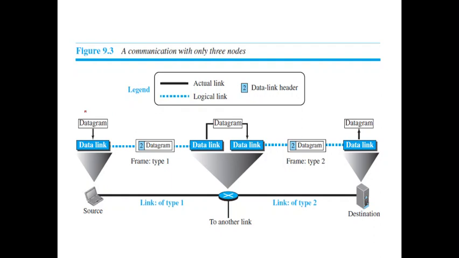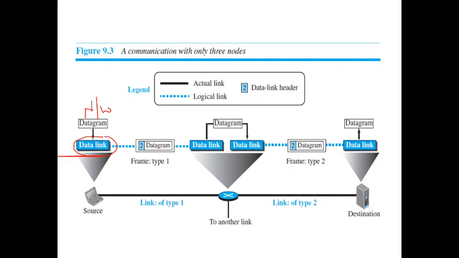So here we'll have a network layer. Above the data link layer we'll have a network layer. This network layer will be transferring the datagram to the data link layer of the source. So now we can say that the data link layer of the source will be providing the service to the network layer of the sender or source.